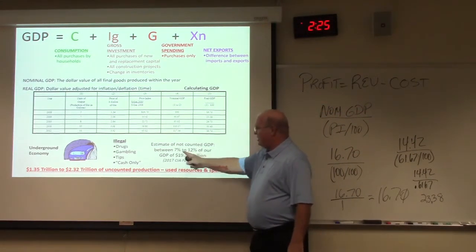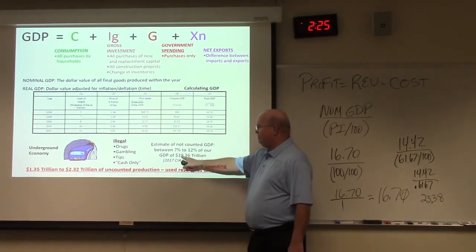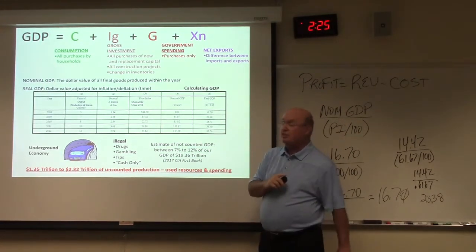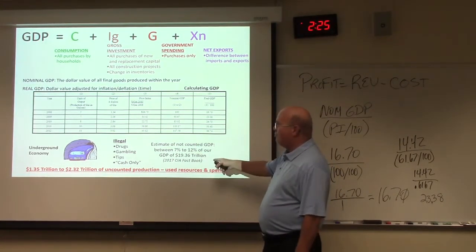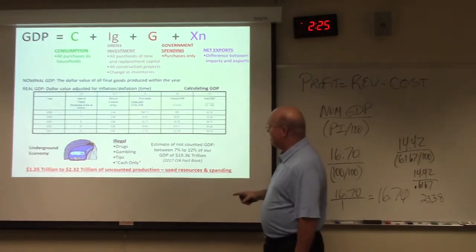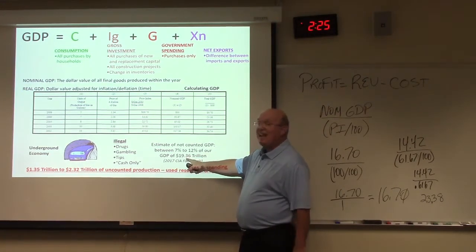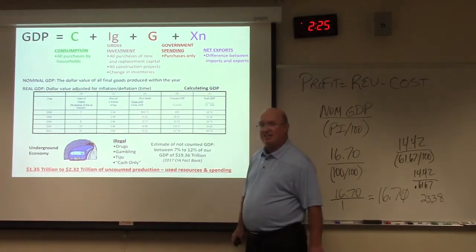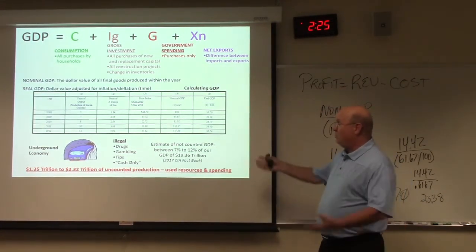Now, they estimate between 7 to 12%, and if you take a look at the 2017 GDP, which is 1936 trillion, that means we could have 1.35 up to 2.3 trillion more dollars than what we're reporting. So this could actually be 2168 instead of 1936 trillion dollars. So we're looking at $2 trillion more than is actually reported.